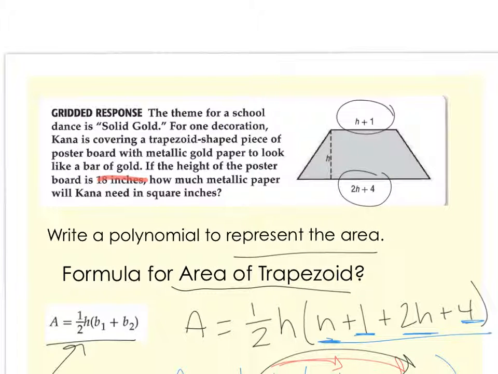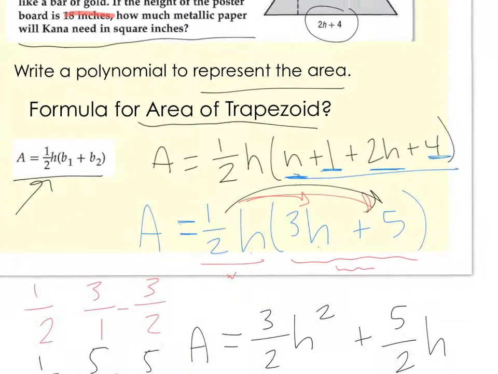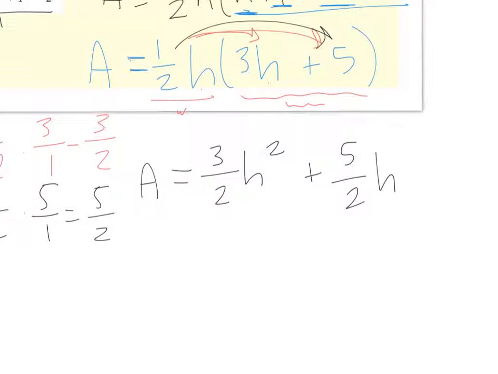Now we're not quite finished with this problem yet because the question that was asked was how much metallic paper will Kana need in square inches? Well, we have one step left to do. We know the height of the poster board in that red highlighter there is 18 inches. So if I go back down to my problem here, I want to plug in 18 for what variable? You guessed it.